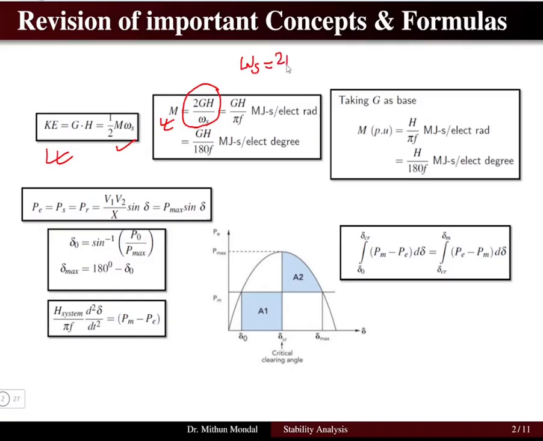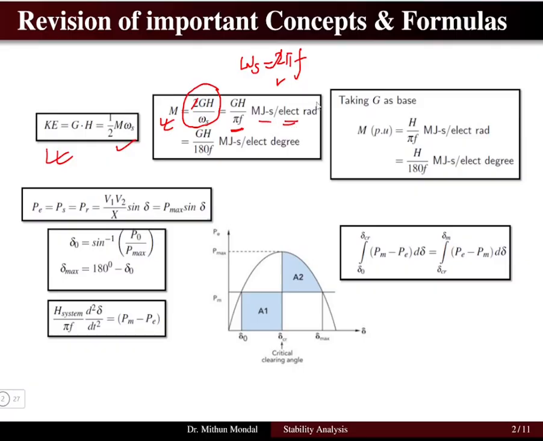So this is given by omega S is equal to 2 pi F, where F is the supply frequency. Now here, if we cancel the value of 2, then we get as GH by pi F, the unit being megajoule second by electrical radian.